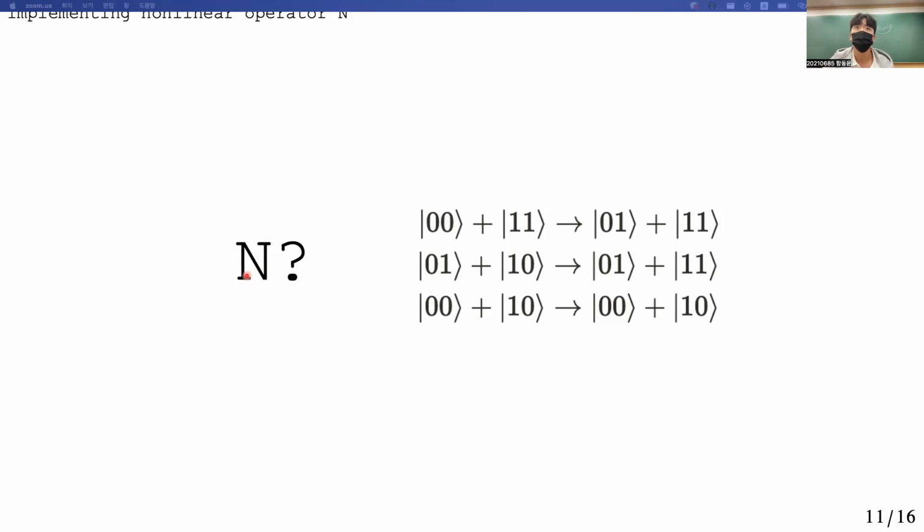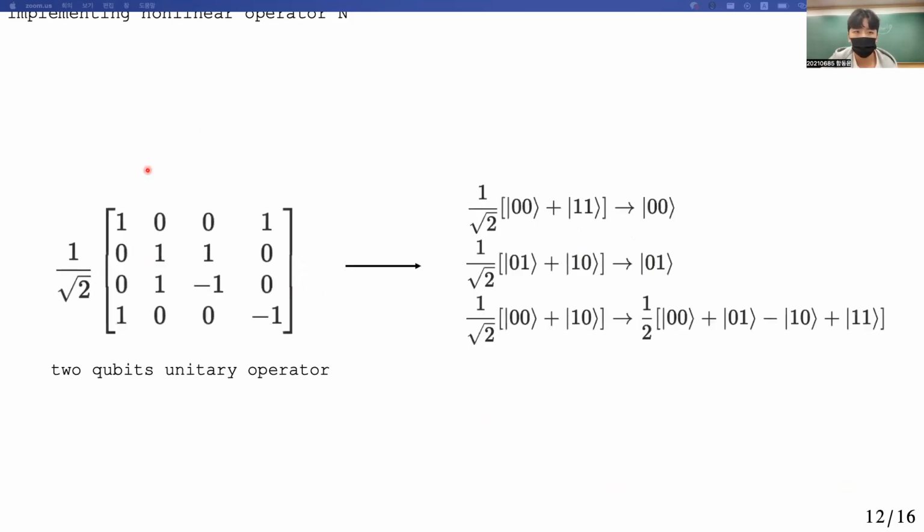It uses this two-qubit unitary operator and other operators. This matrix is used for implementing nonlinearity. This one is unitary.